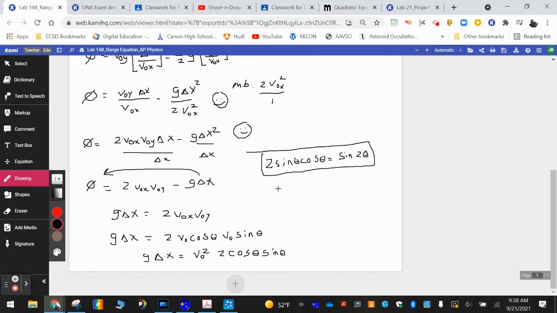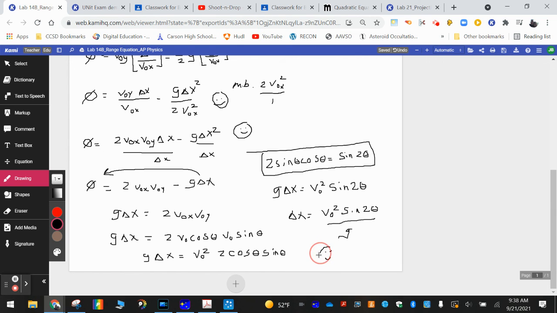And what happens is that I have G delta X is equal to VO squared sine of 2 theta. All right, now we're getting there. And then finally, divide both sides by G, and we have delta X is equal to VO squared sine of 2 theta divided by G, which is the range equation.